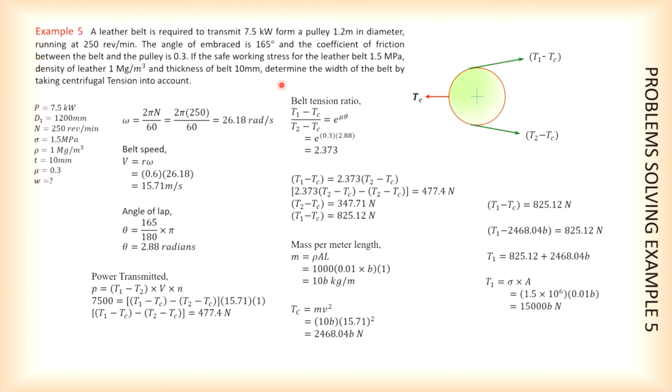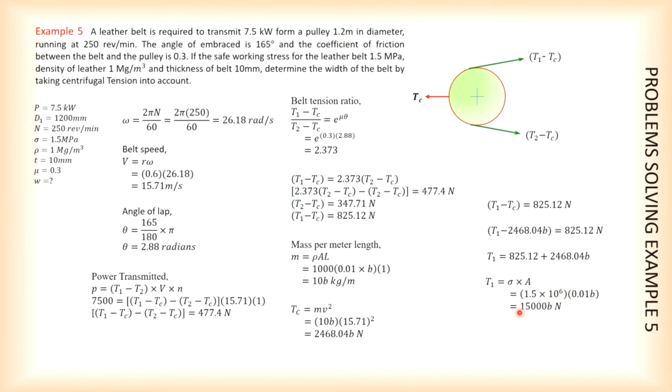Now we know that they have given us the stress, 1.5 megapascal. So remember times 10 to the power of 6. The stress on the belt is a direct tensile stress. Stress is defined as force over area. So the force that is the maximum is T1, and the area we got earlier is thickness times width.